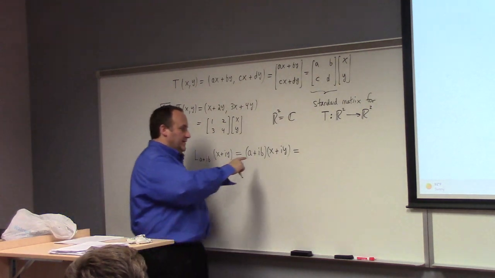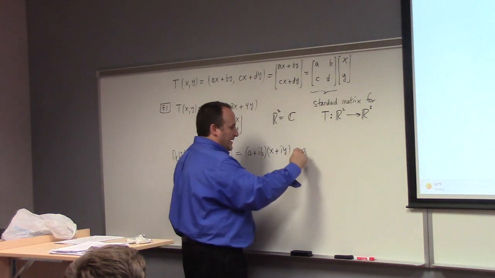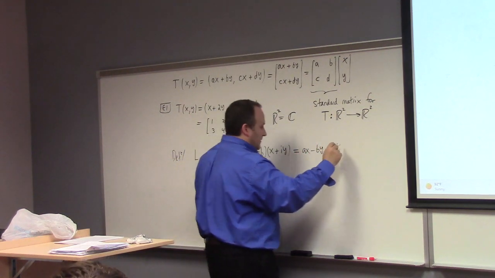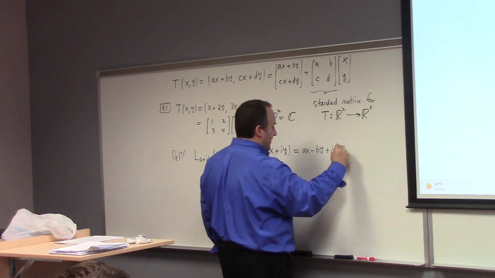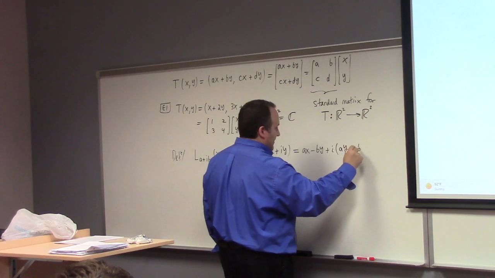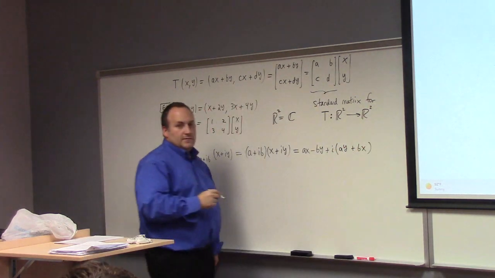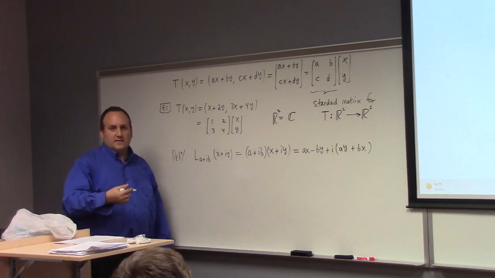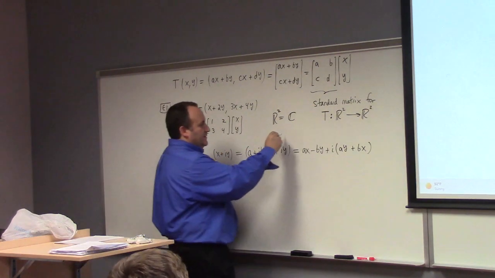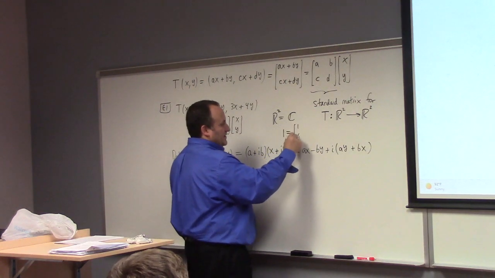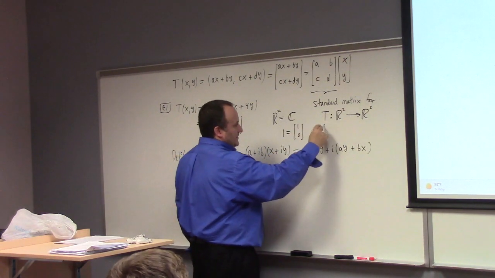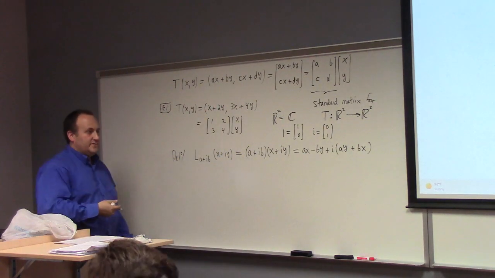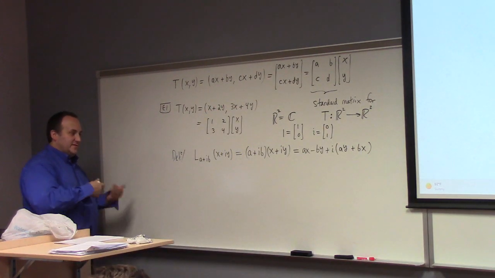So then if we multiply this here, we get (ax minus by) plus i times (ay plus bx), right? And remember the notation, namely that 1 is equal to (1, 0) and i is equal to (0, 1). That's our standard nomenclature for the complex numbers as they relate to R2.